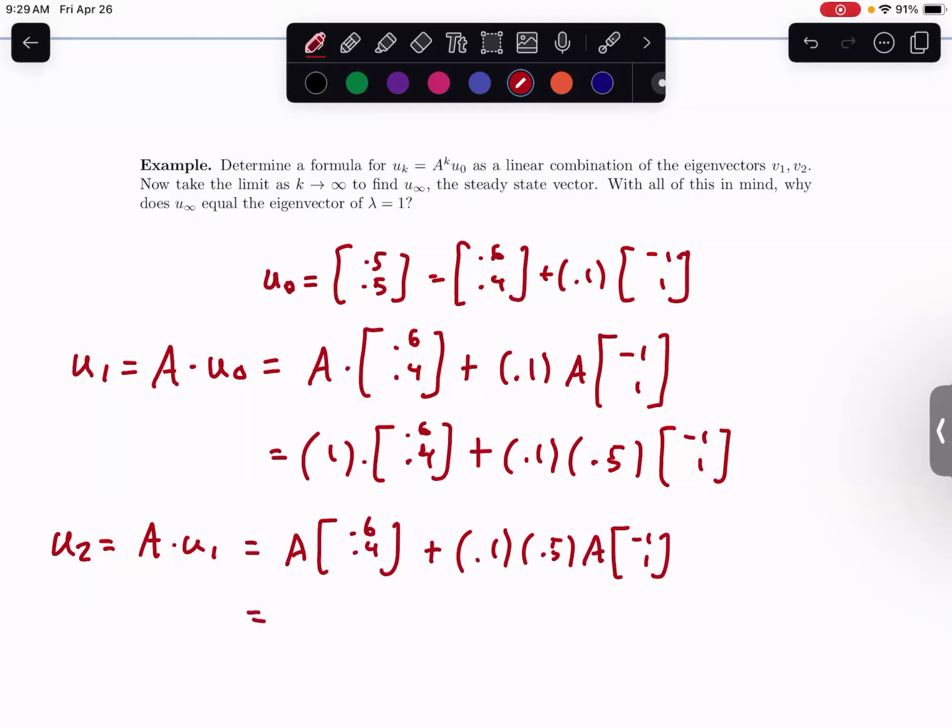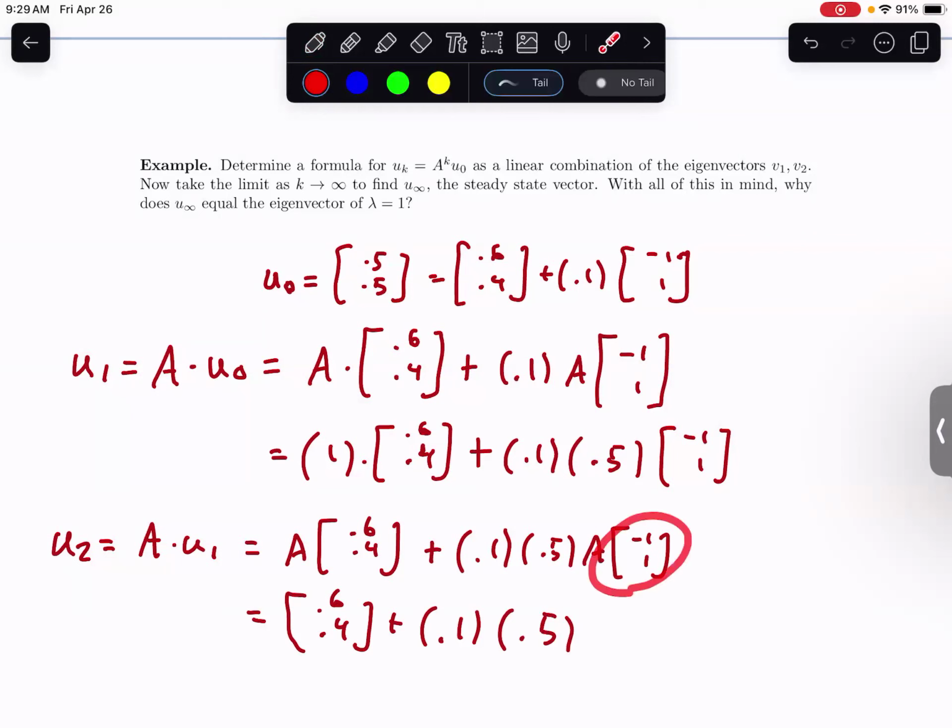You can then write this again as just 0.6, 0.4 plus 0.1, 0.5. And again, we're using the fact that minus 1, 1 is an eigenvector of A with eigenvalue 0.5. So you're going to get 0.5 squared multiplied by minus 1, 1.